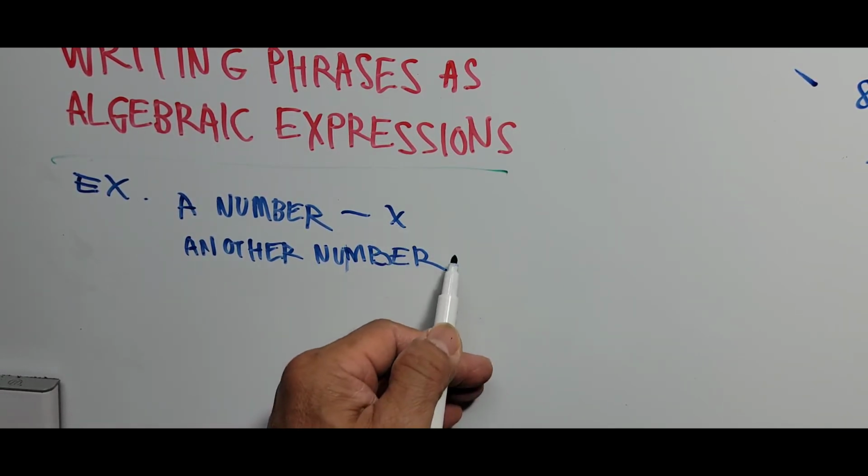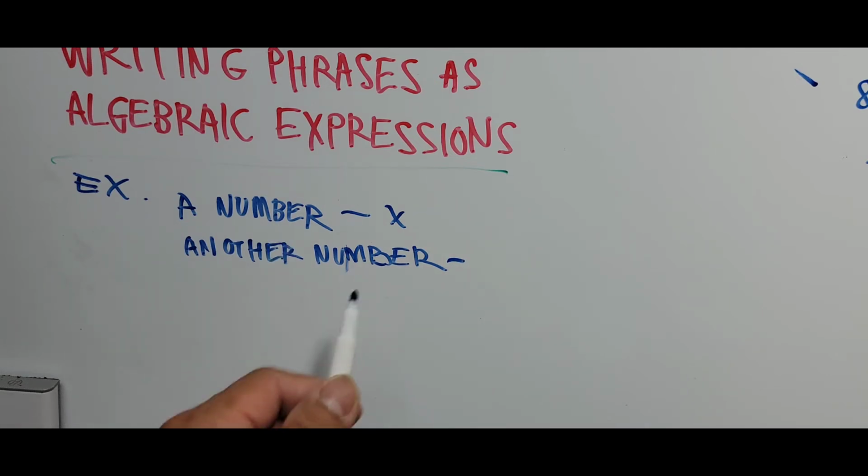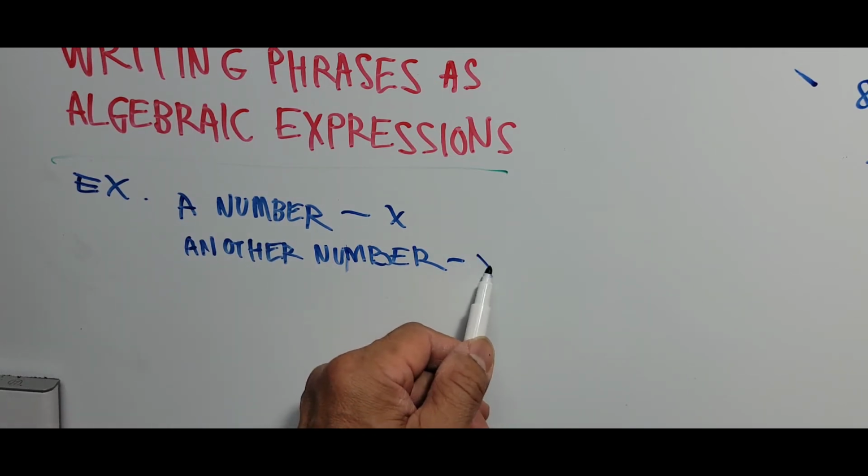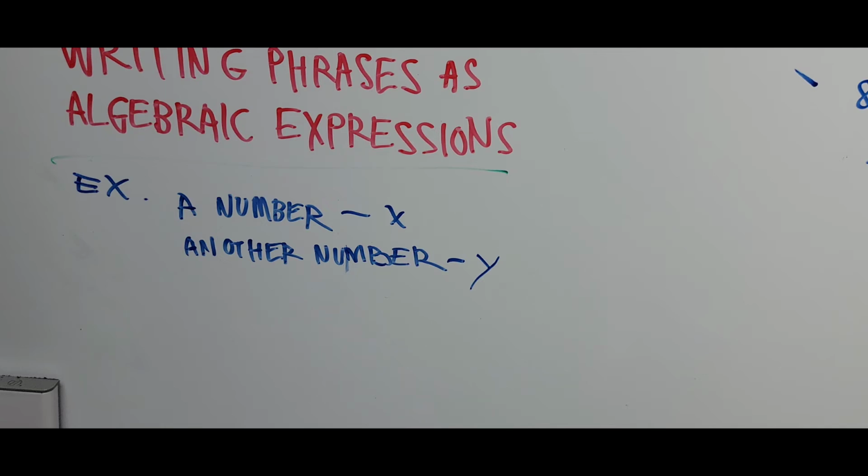We have X already, so the next variable, the second variable, will be Y. Or a third variable will become Z. So if you're dealing with 3 unknowns or 3 variables, you can do that.